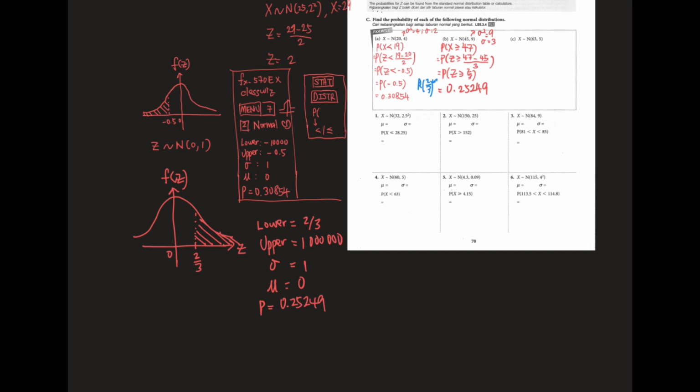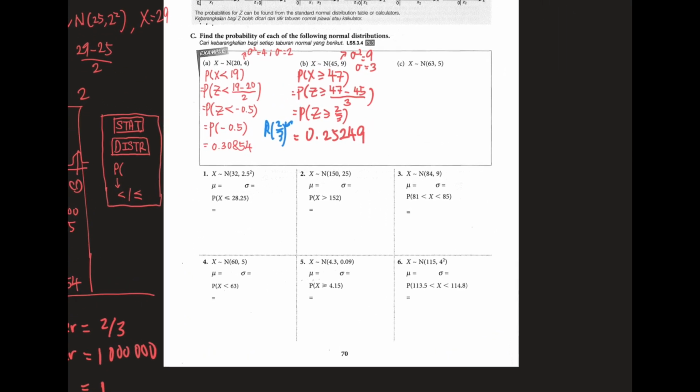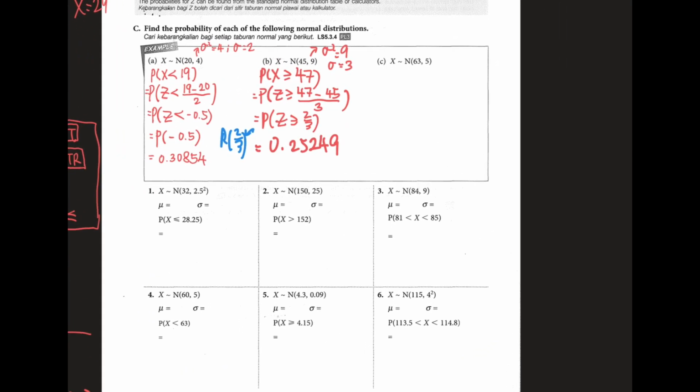Now let's see one more example, part C. They give us the mean and standard deviation, so now the probability is missing. They ask for 60 to 65, so they want us to find the probability from 60 to 65.